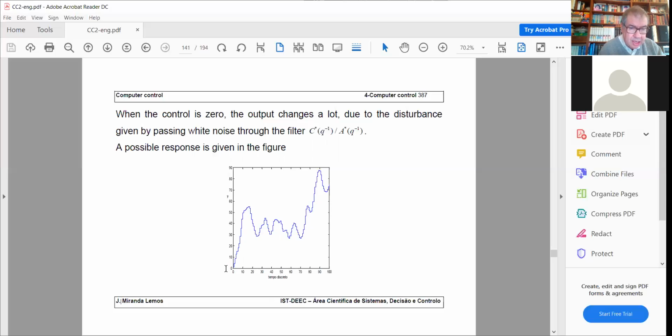But you see the scale here between 0 and 90 after 100 steps. You have learned how to compute the variance of the output of this linear plant. It's a linear plant with 0 input, and the excitation comes from the noise.